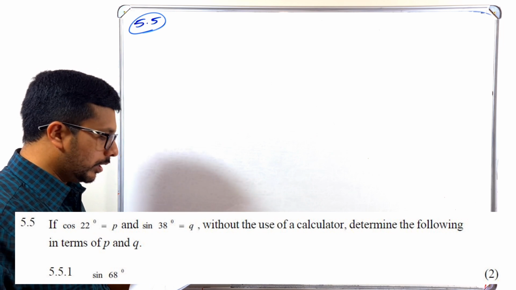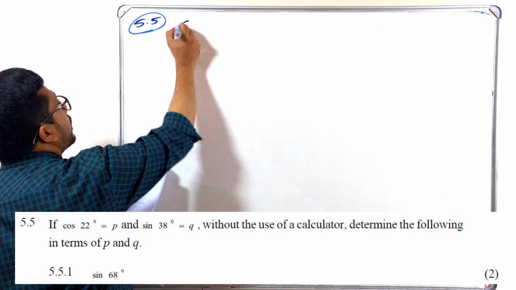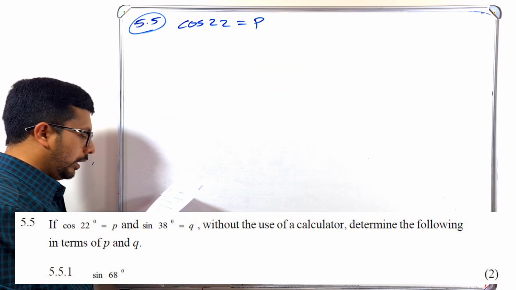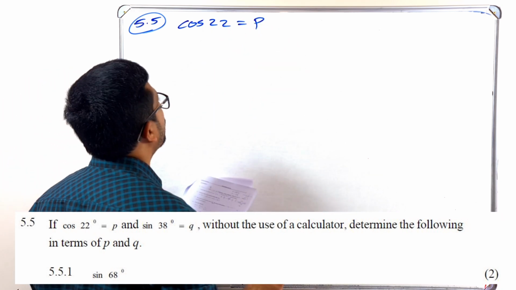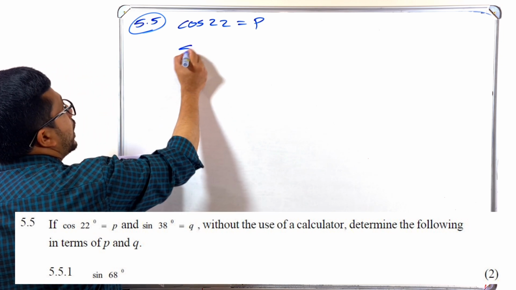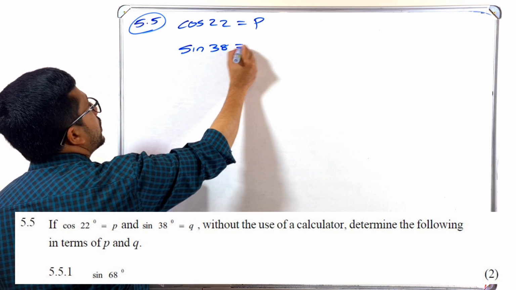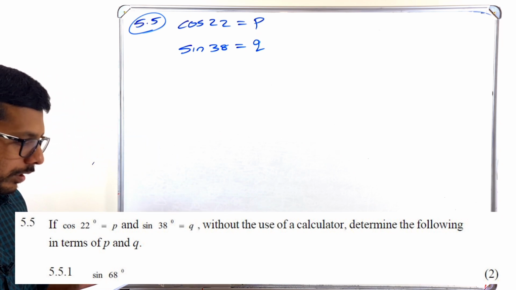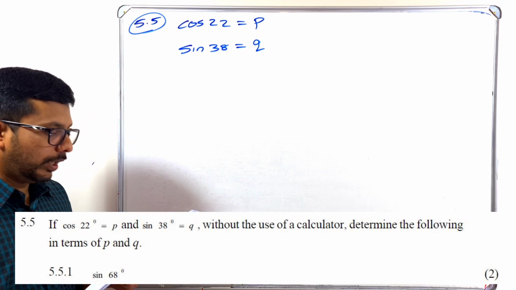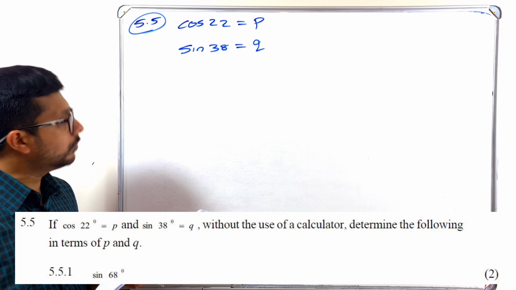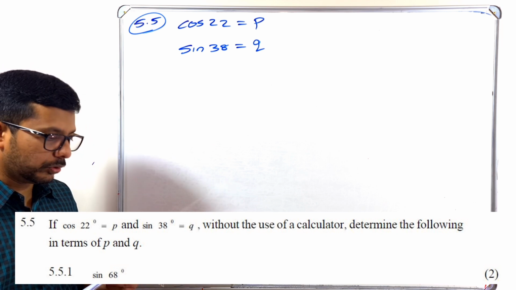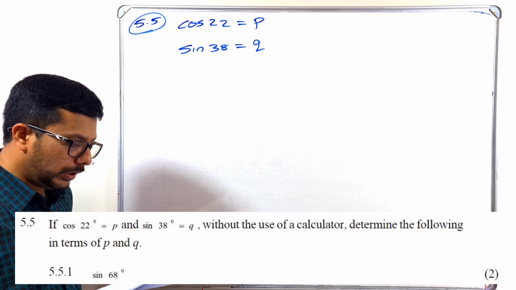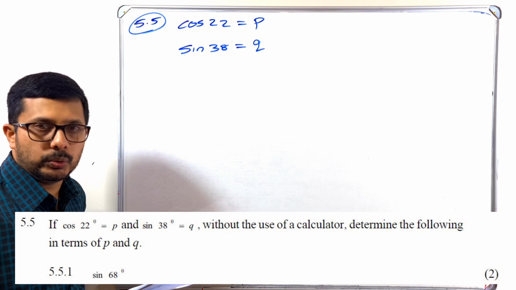If cos 22 is equal to P, and sin 38 is equal to Q. It is given that cos 22 is equal to P, and sin 38 is equal to Q. Without the use of a calculator, determine the following in terms of P and Q.